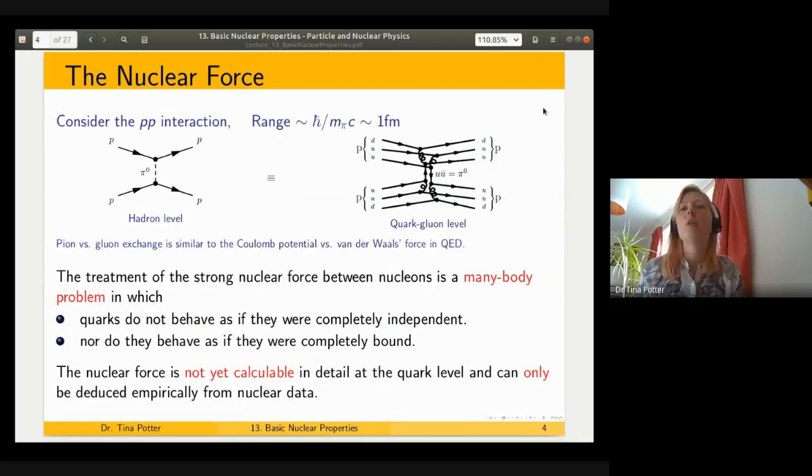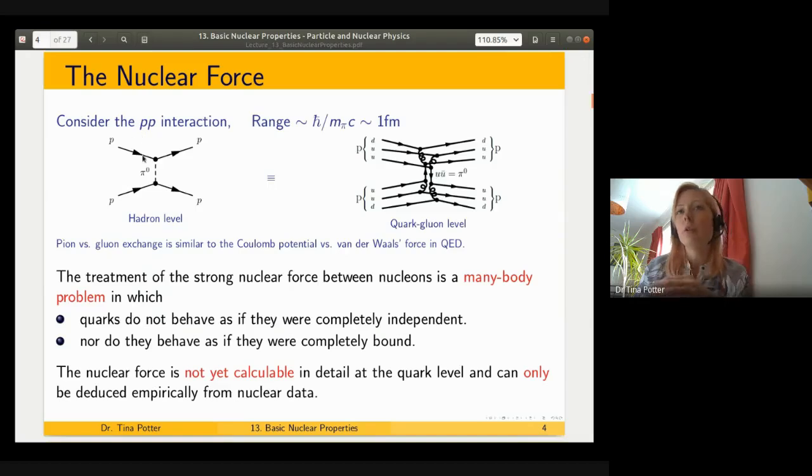So let's have a look. What are we talking about for the nuclear force? Previously we've been looking at particle physics, where we've been looking at the fundamental strong force on very, very tiny length scales.